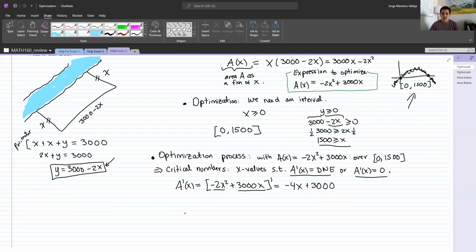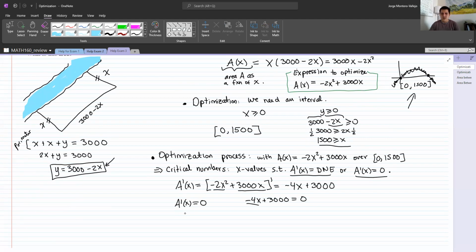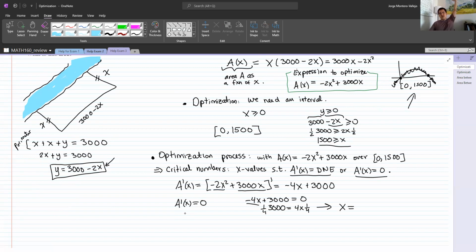So then for the x values that make the derivative equal to 0, we just need to set the derivative minus 4x plus 3,000 equal to 0. We now solve for x. You can send this negative 4x to the other side. It's going to go with positive sign. And then we need to divide by 4. So this gives us that x is equal to 3,000 divided by 4. 3,000 divided by 2 is 1,500.